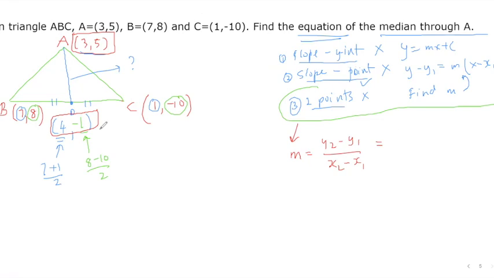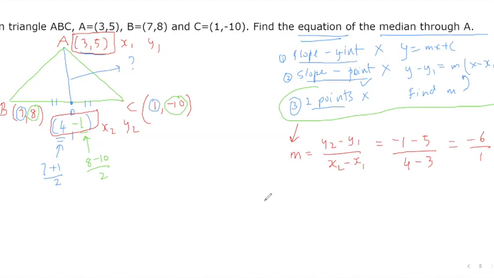Just think this is x1, y1, and this is x2, y2. y2 minus y1 is minus 1 minus 5 divided by x2 minus x1 is 4 minus 3. That's minus 6 by 1. It's basically minus 6. So we found the slope.